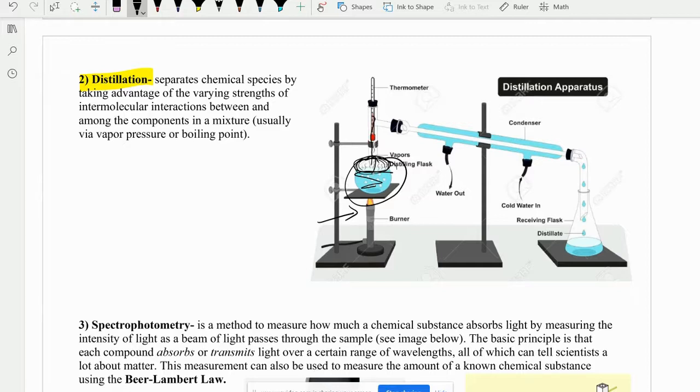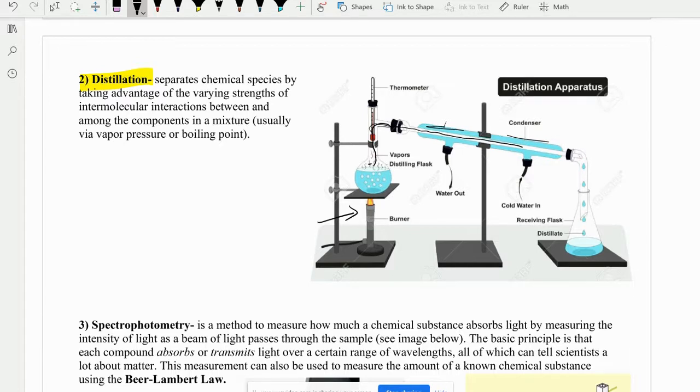As the thermometer indicates a temperature rise, what's going to happen is these vapors, these gas molecules, are going to rise up into something called a condenser tube. That condenser tube is going to be surrounded by cool water, cooler temperatured water. The gas molecules will travel in the middle of this condenser tube.